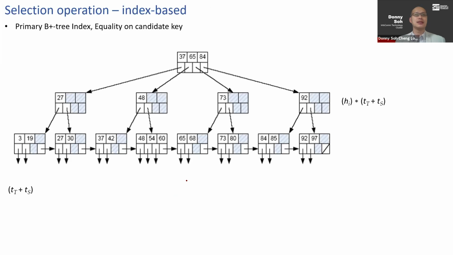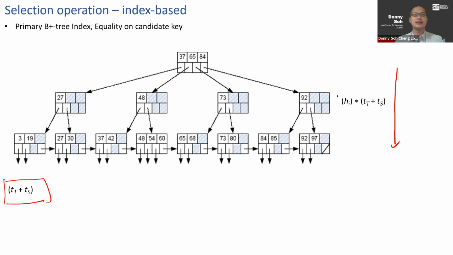There are two costs involved: the cost in the height, and the cost over here, in the leaf.